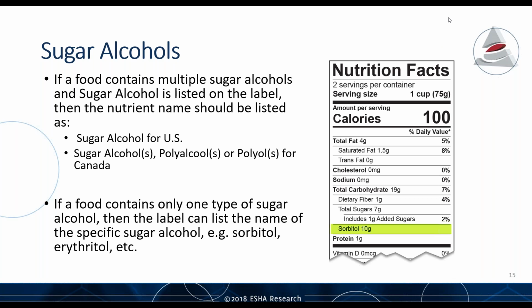If you do have more than one type of sugar alcohol present in your formula, then you have to use the more generic term: sugar alcohol for US, or sugar alcohols, polyols, or other forms of those terms for Canadian labels. But again, Genesis 11.5 gives you the option to list that specific sugar alcohol.